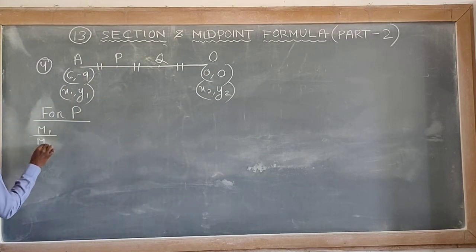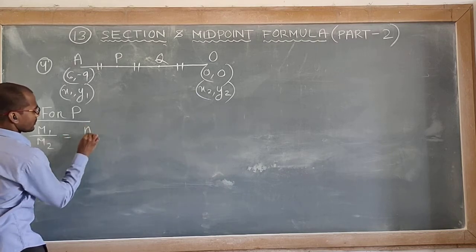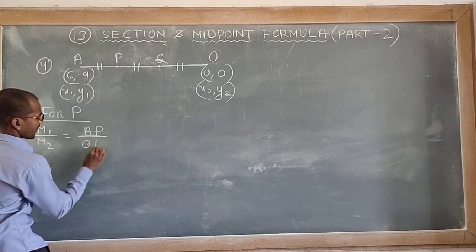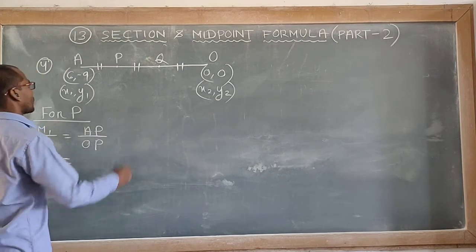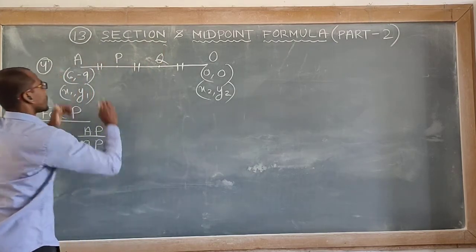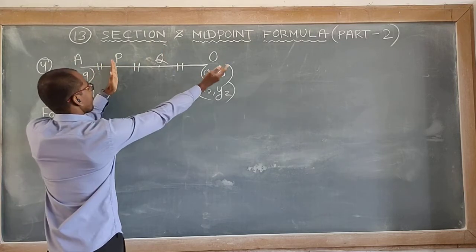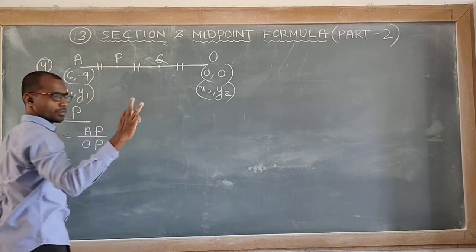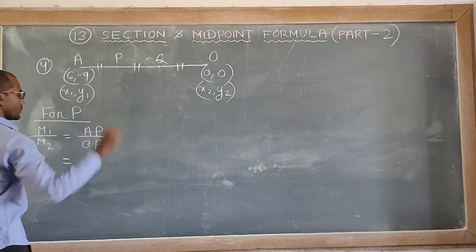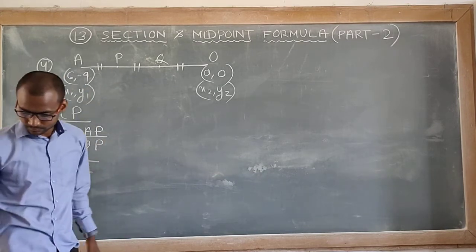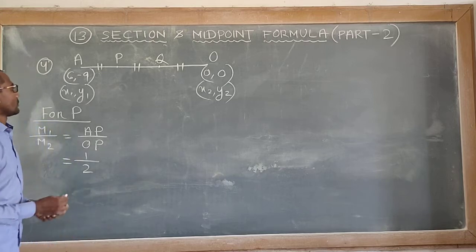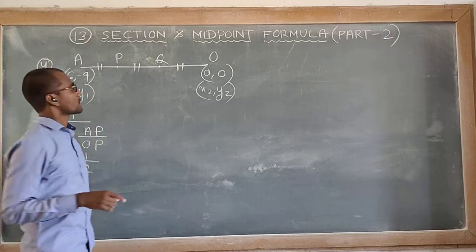M1 by M2 is equal to AP by OP. Don't look at Q. If AP is 1, what is OP? 1 plus 1, 2. So the ratio is 1 by 2. We have everything now. We can easily find the coordinates of point P.